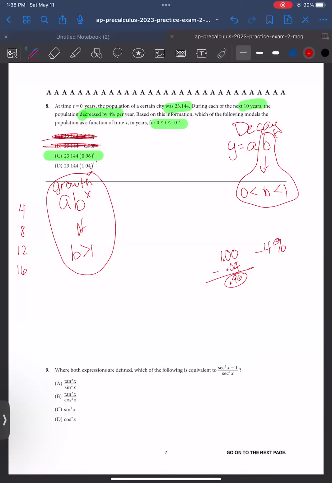This one is vague, and they say it's just decreasing 4% each year, meaning you would have to go by the percentage of your previous year. So you would go by 96% of the first year, and then that second year you would use 4% of that updated number, and so on and so forth.